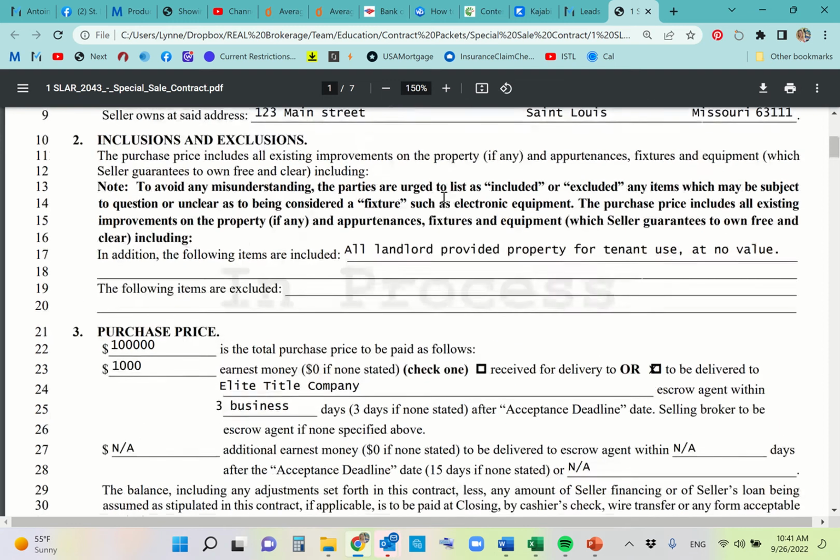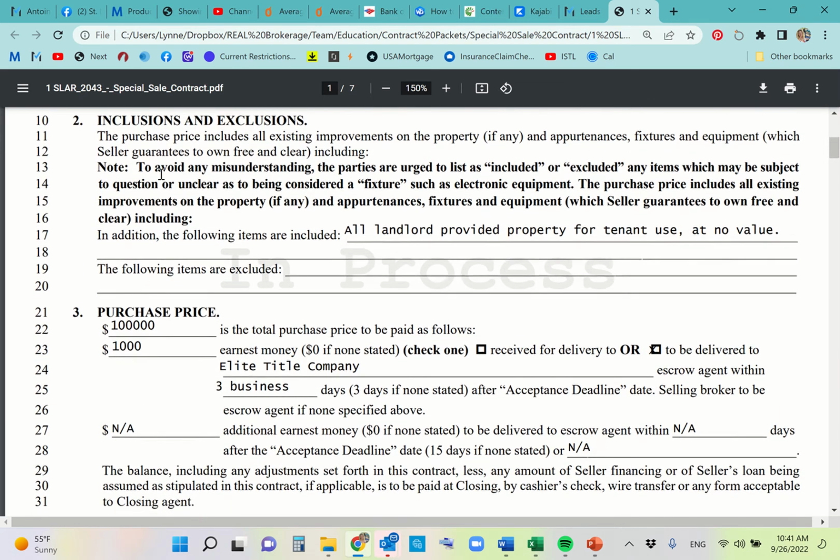Right. And next, you have inclusions and exclusions. So again, this is a special sale contract. You'll notice on the residential sale contract, this is a way different scenario. This is targeting as-is sales, etc. So a special sale contract is kind of the simplest version. It doesn't assume that an owner occupier is buying.